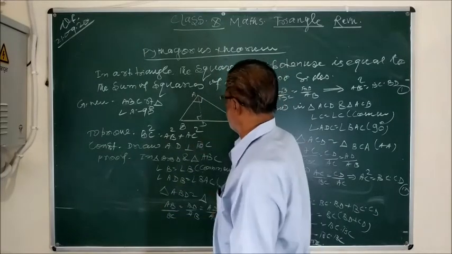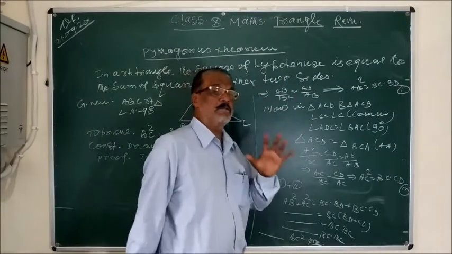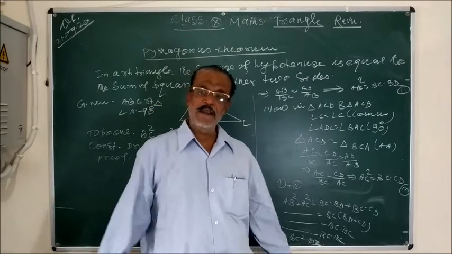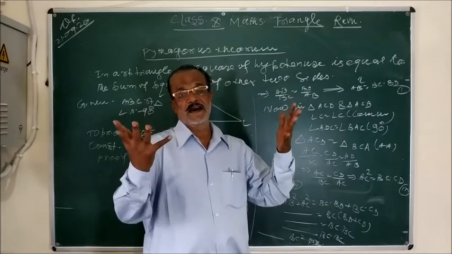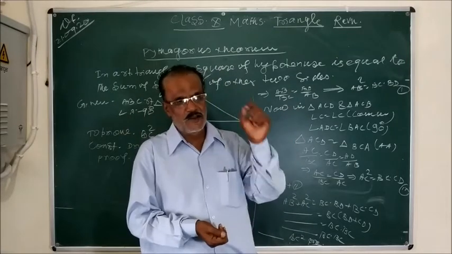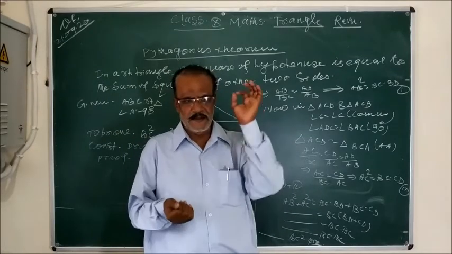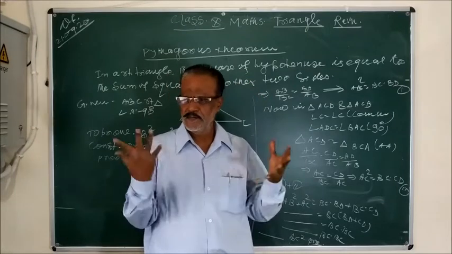Angle A is right angle, and if angle A is right angle, BC will be the hypotenuse. How will you identify in a right triangle which side is hypotenuse? The side opposite to right angle. I repeat, the side opposite to right angle, that is hypotenuse.